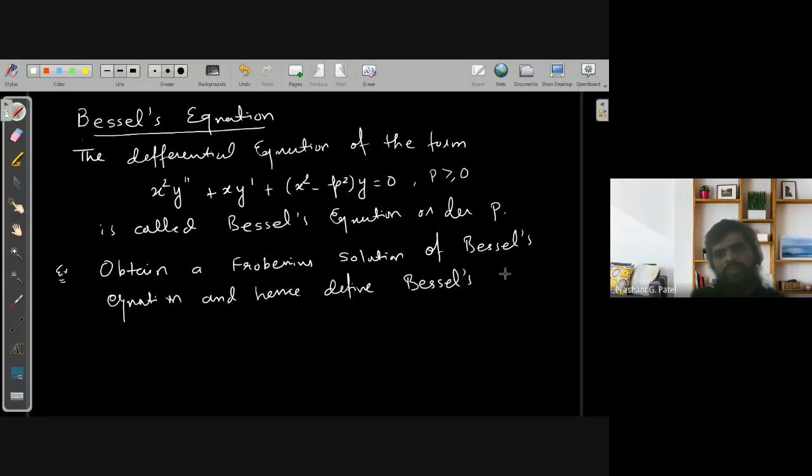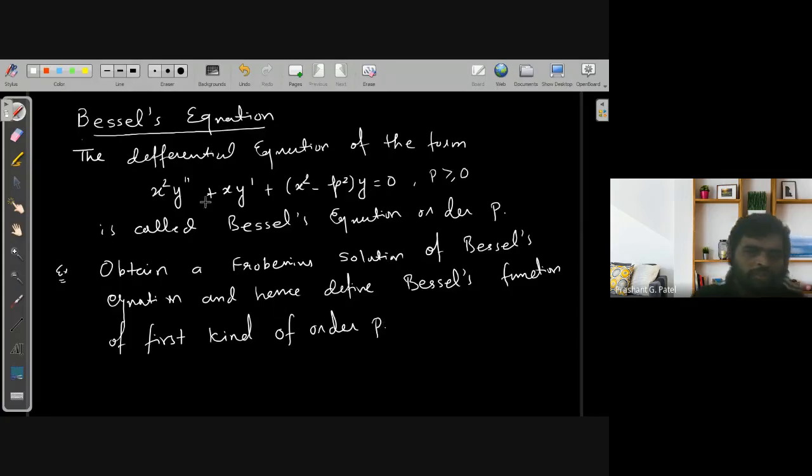The Bessel's functions are actually a solution of Bessel's equation of first kind of order p. So our objective is to find out the solution for Bessel's equation.